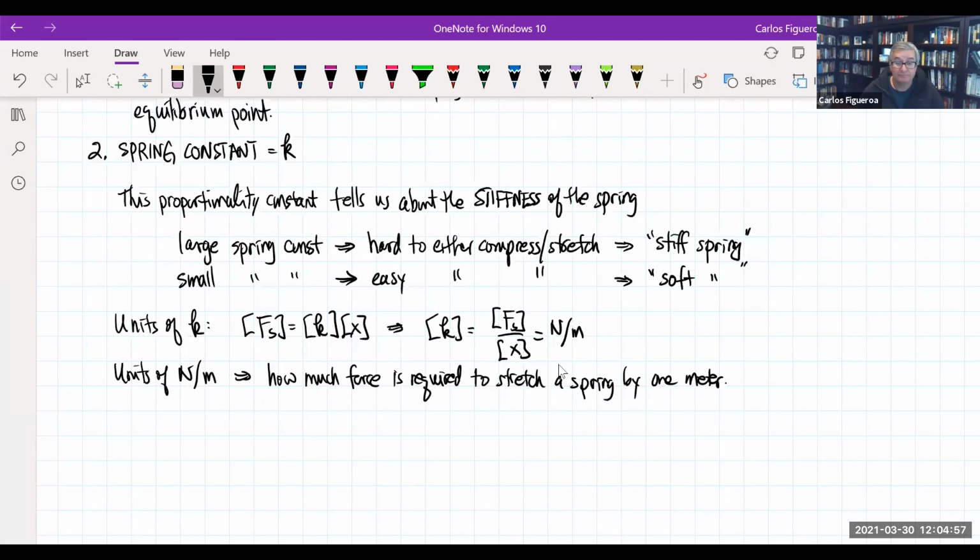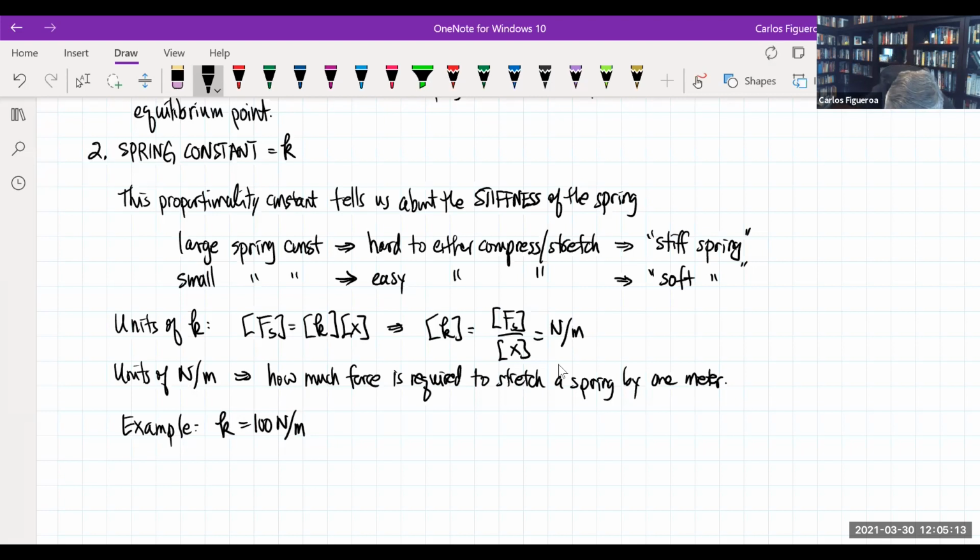So let's say something like this here. One example may be, let's say that I have k equal to 100 newtons per meter.